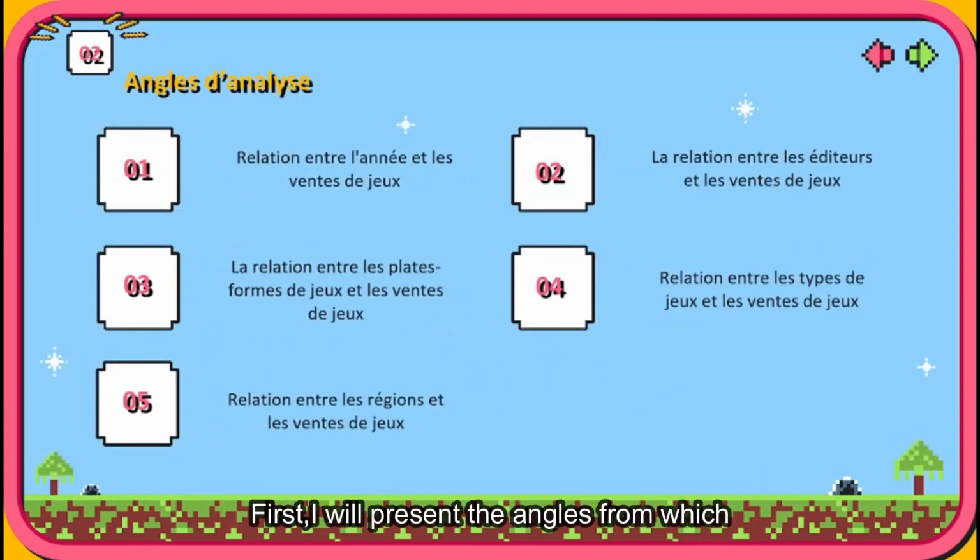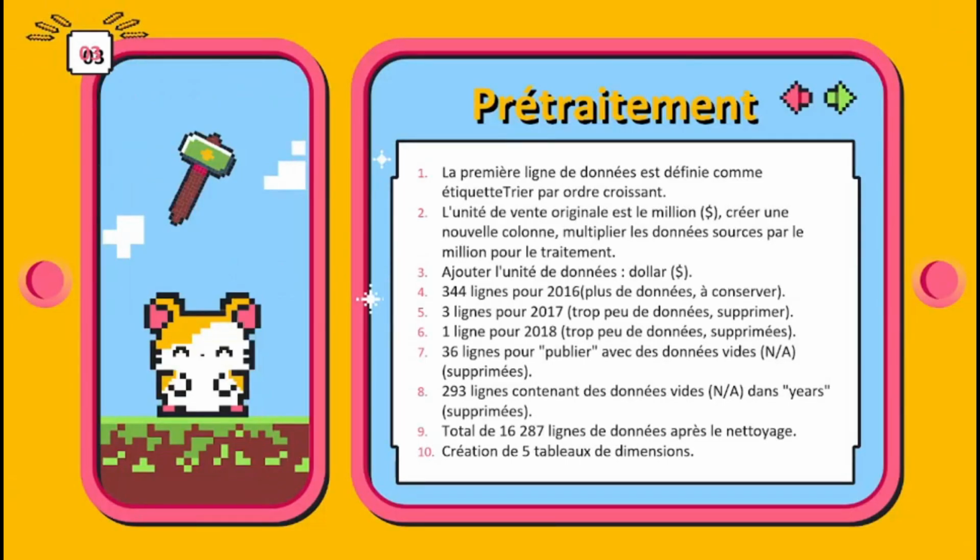First, I will present the angles from which we analyze our data. We analyze our data from 5 angles. And here is the presentation of how we process our data.